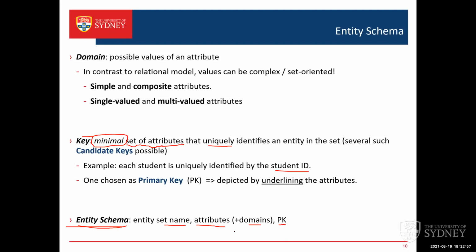Which one will be the primary key of an entity? Okay, so for every entity, there must be one primary key that we are going to define. So to define any schema, we need the name of the table, the attributes of that table, and the primary key, and also we need to define the domain for those attributes that we're going to have.